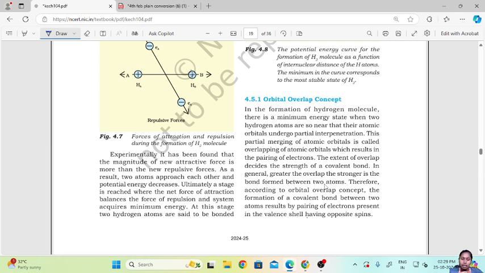So when they are in opposite spins, once they lock each other, it is difficult to remove them. So the valence electrons should have opposite spins.